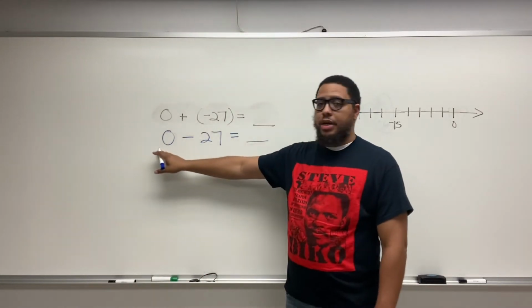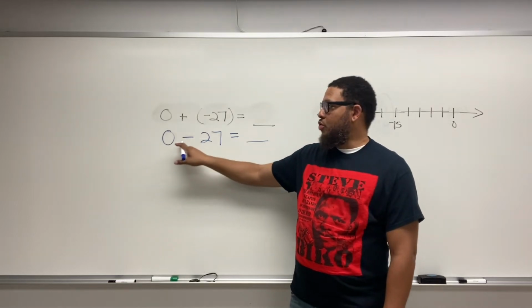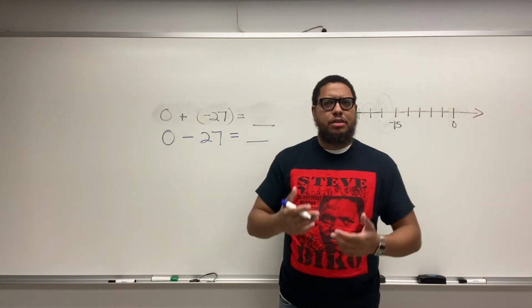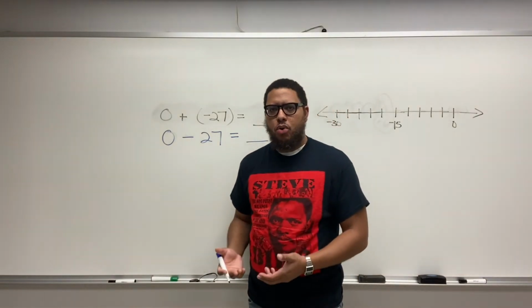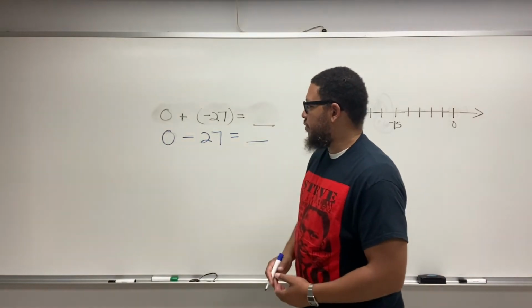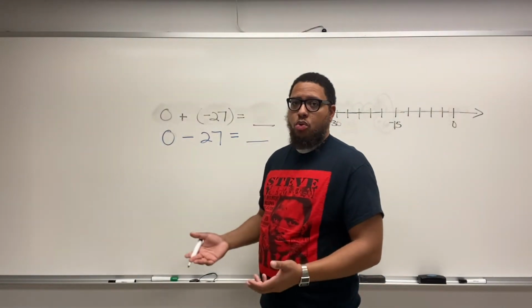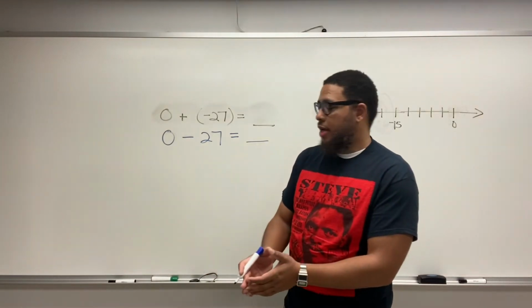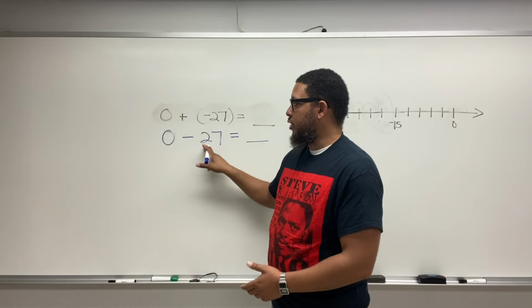So imagine you have nothing and then you borrow $27. When you think of subtraction, you could think of that as borrowing, because you're in the hole. You have a debt now. So 0 take away 27, you know you're going to owe $27.